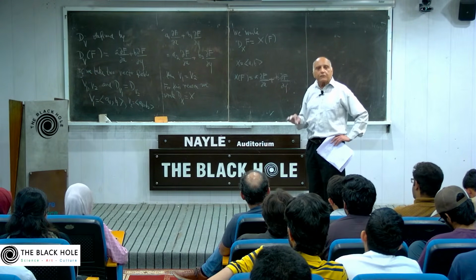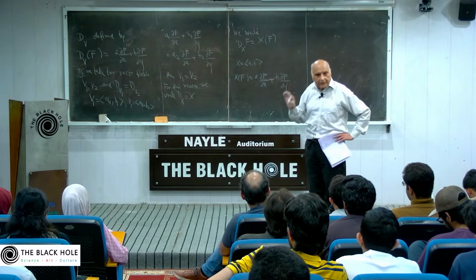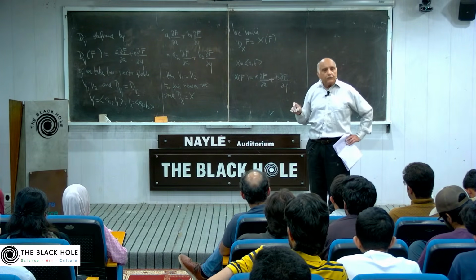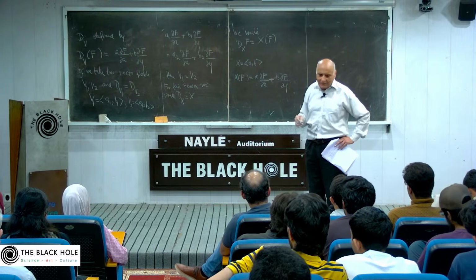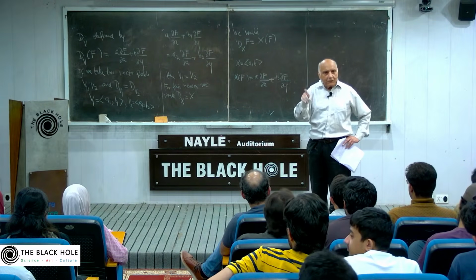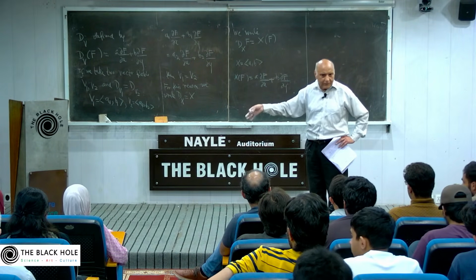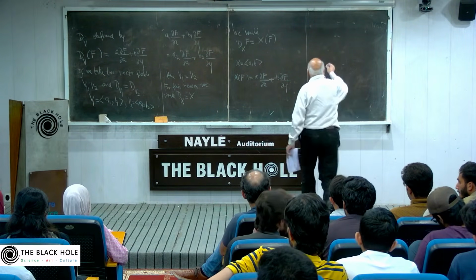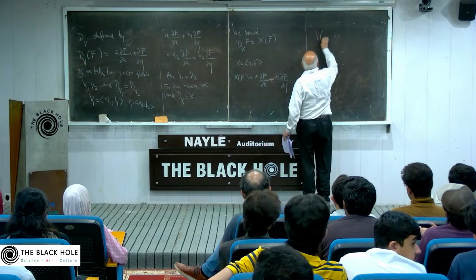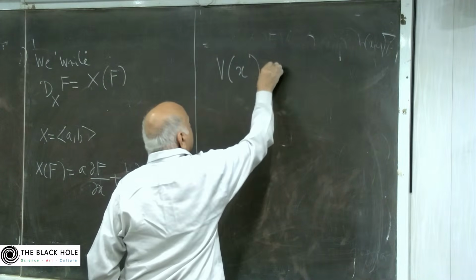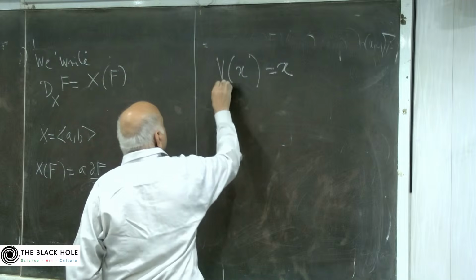If you take two vector fields, yes sir. I see what you are saying. You can have the value of one vector field equal to another vector field at one point. For example, let's take a very simple case in one dimension.